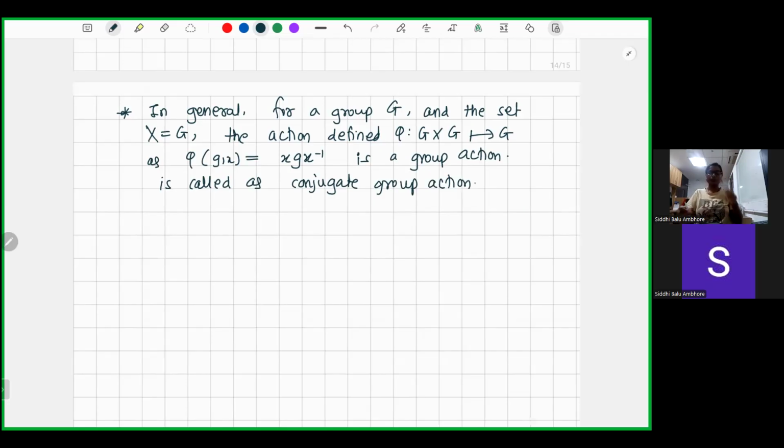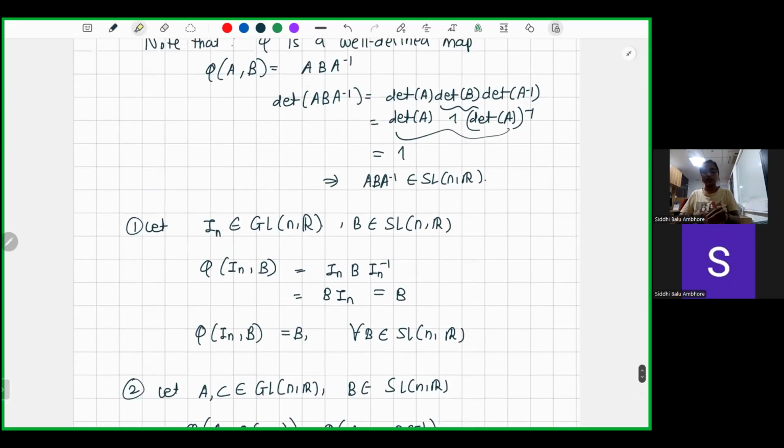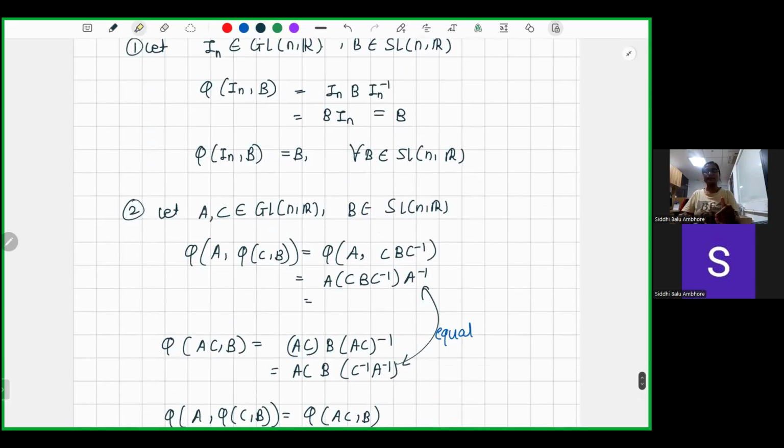You can check that it follows from the same argument which we gave here.